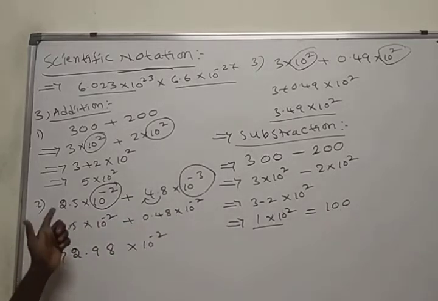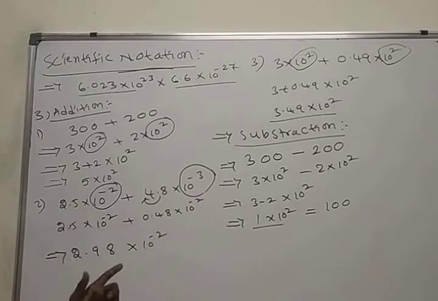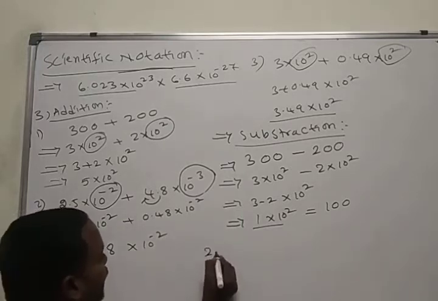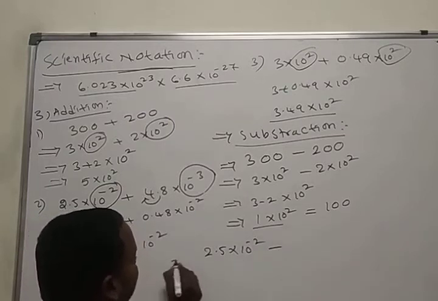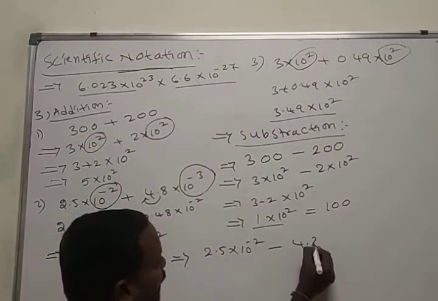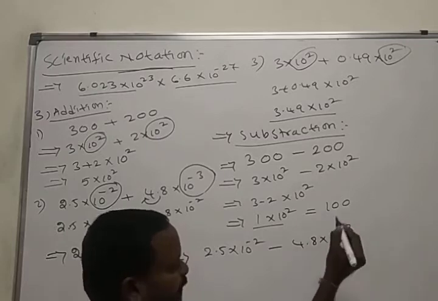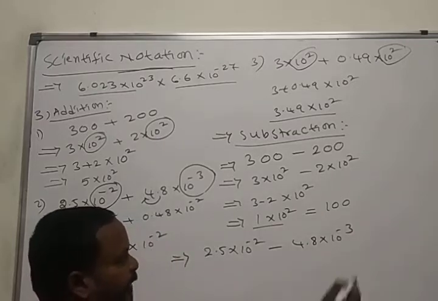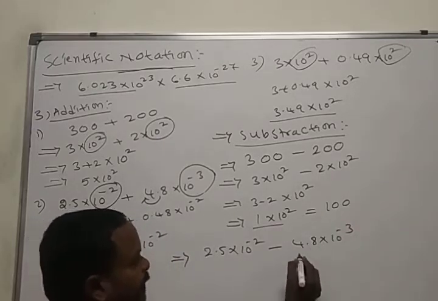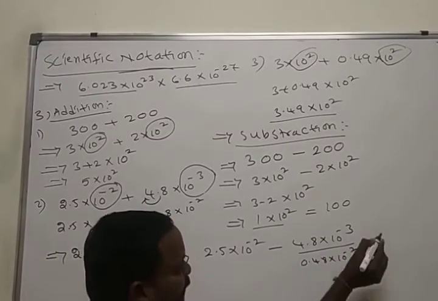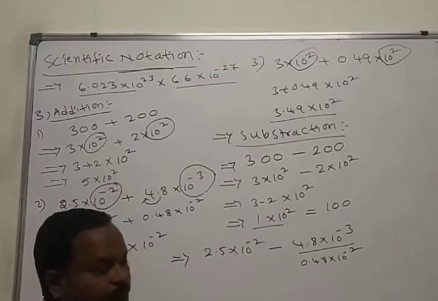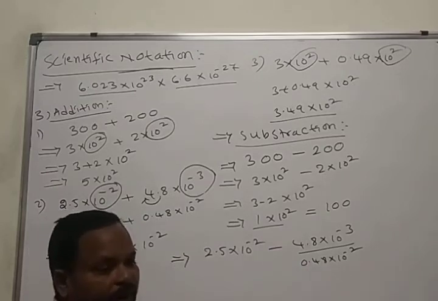Here I am taking 2.5 into 10 to the power of minus 2 minus 4.8 into 10 to the power of minus 3. The exponent should be the same, so this converts into 0.48 into 10 to the power of minus 2.